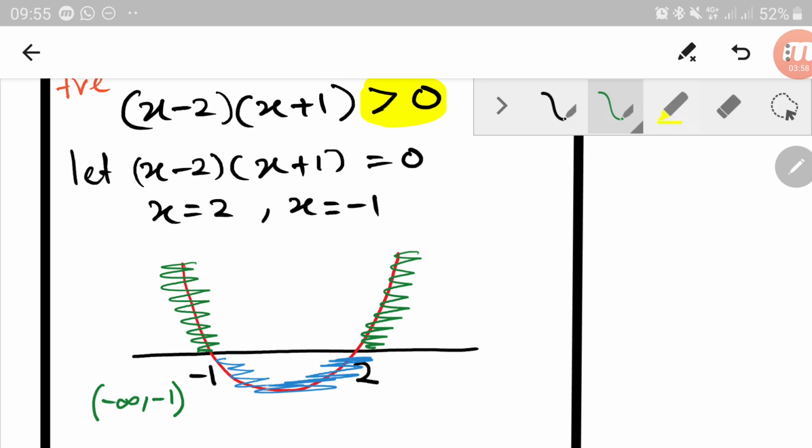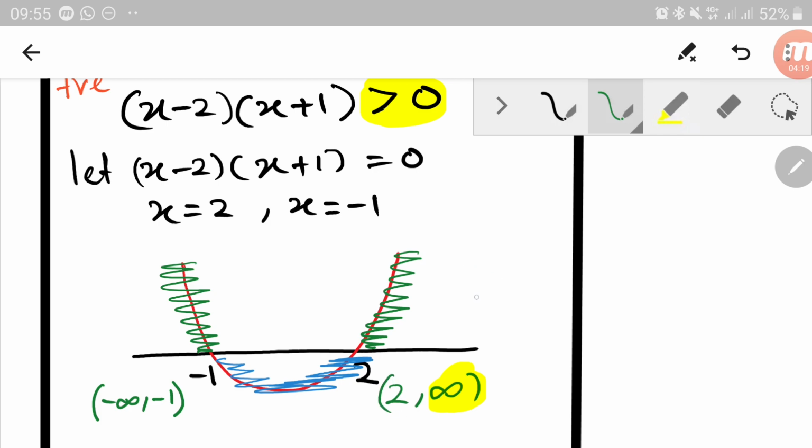Now the blue one we don't want because it's negative. The second green interval is on the right hand side of 2. So it runs from 2 to positive infinity. Infinity always gets an open bracket.